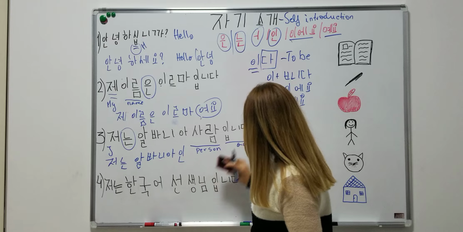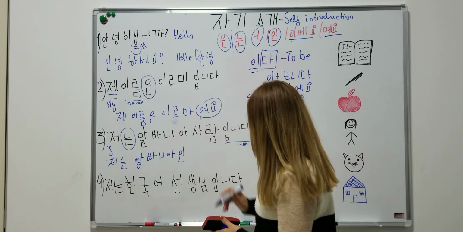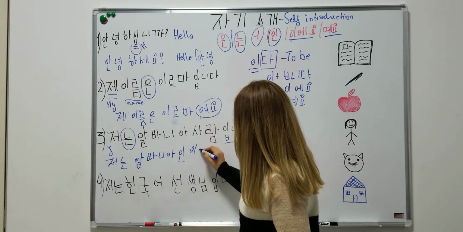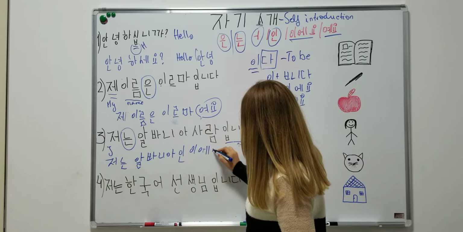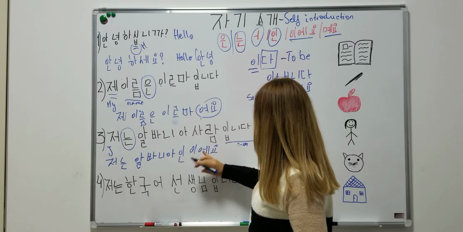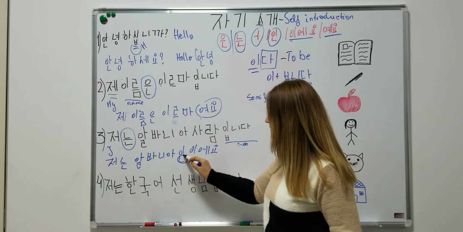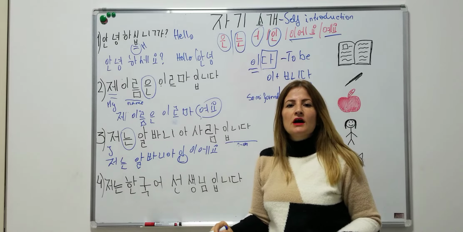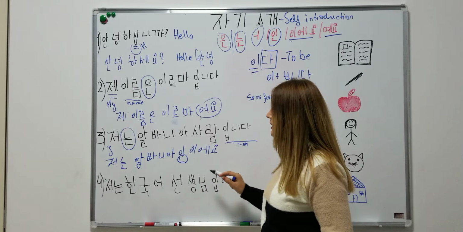Okay? So I have to delete this because otherwise you guys cannot see. 저는 알바니아인이에요. I'm using the informal way, and since 인 ends in a consonant, I put the ending of the verb to be 이에요.